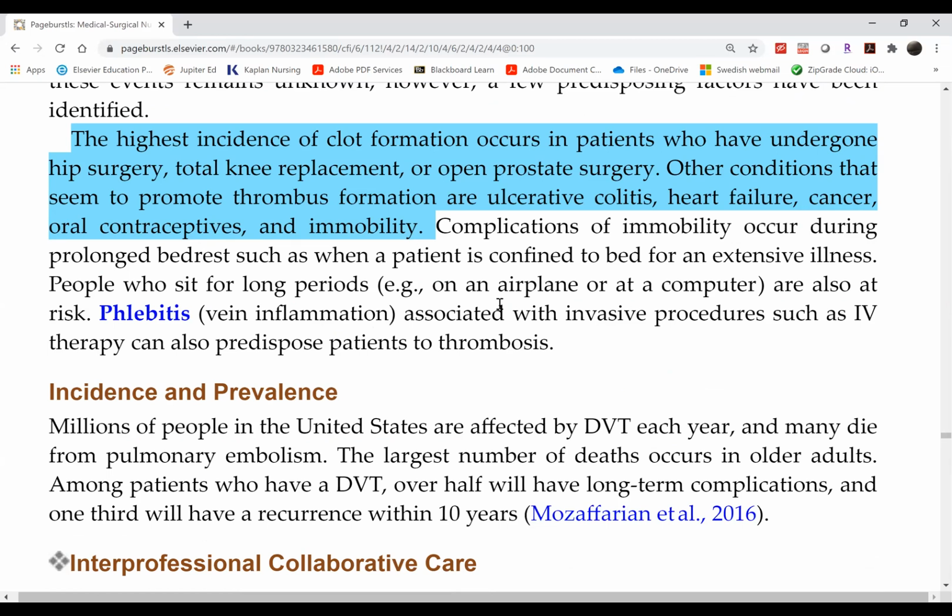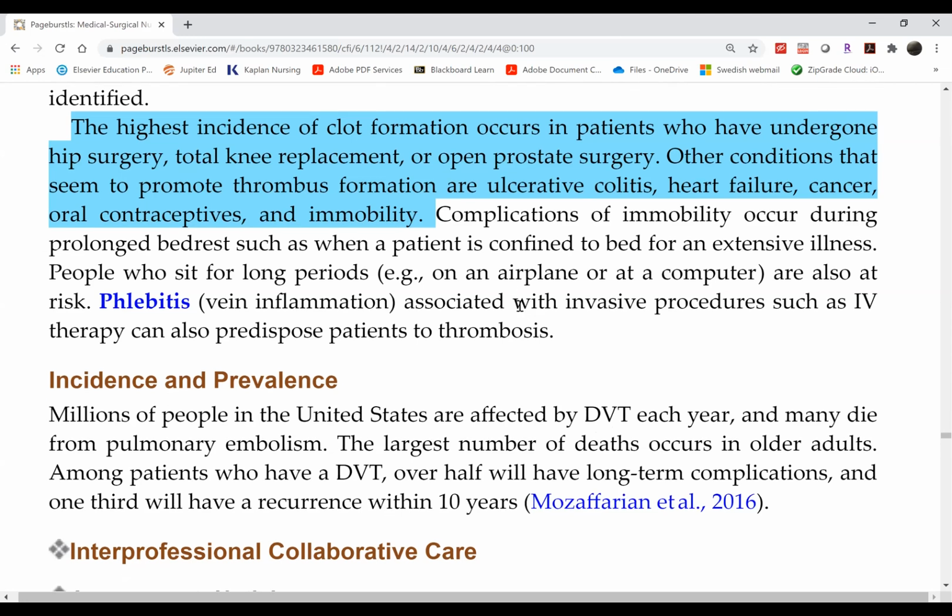Okay, of course those people can't walk. However, for anyone who can't walk, then you can always do passive range of motion. You can always do leg exercises. So the idea is to keep blood moving. You don't want blood sitting around anywhere. So that's why some of our interventions here are, of course, we put on stockings. We'll get to that shortly.